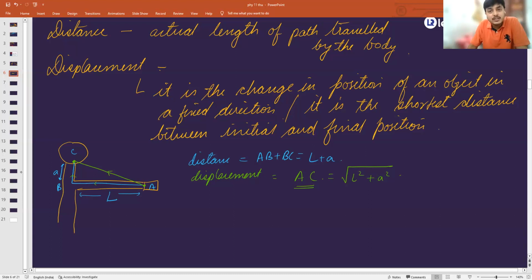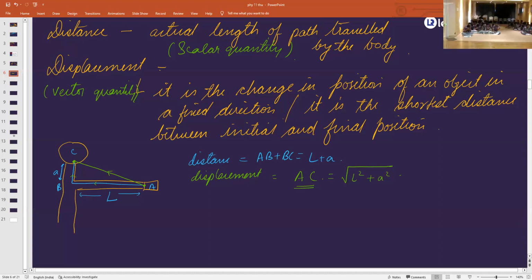Distance is the actual length of path traveled, and displacement is the change in position of an object between initial and final point. One more thing, distance is a scalar quantity. Scalar quantity means what? What do you understand by scalar quantity? Scalar and vector, do you know this? Yes, sir.